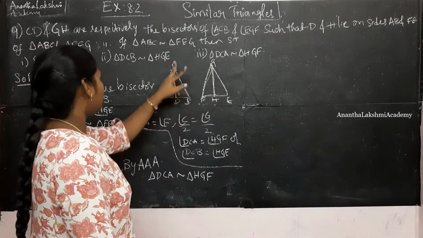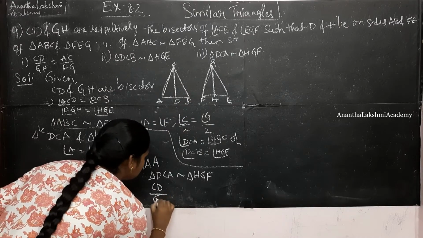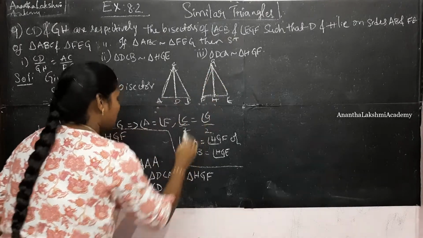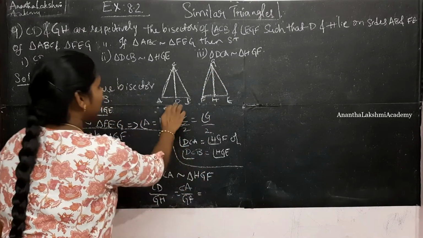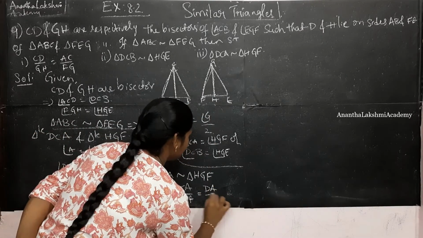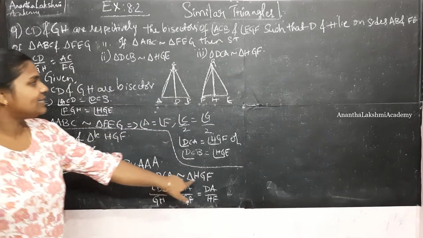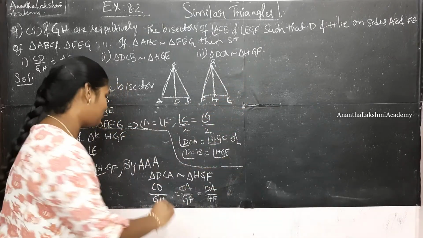Here, now CD by GH is equal to CA by GF is equal to DA by HF. Now, triangle DCA is similar to triangle HGF is our third part, which we have proved.